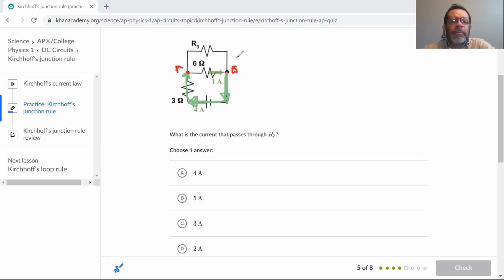Now we've got the current of 4 amps, and then we've got another current here that's a 1 amp current that's going through the 6 ohm resistor.